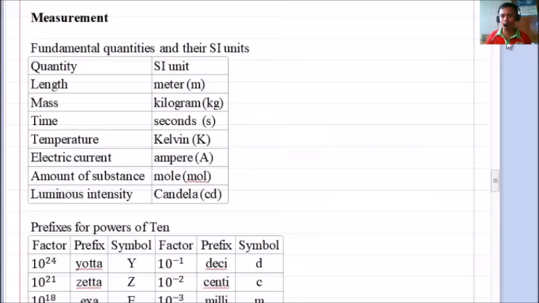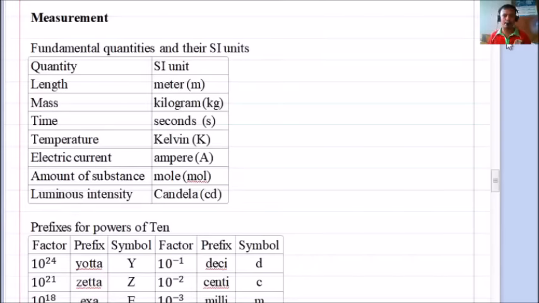Amount of substance, so this is the size of the three-dimensional body, or sabihin natin yung number of particles po yan. Luminous intensity, that is the amount of light. Kumbaga nakadepende po siya dun sa liwanag na nare-receive sa isang particular na location or direction.